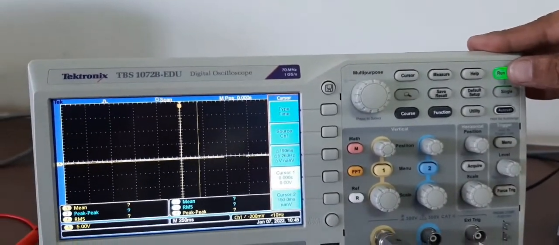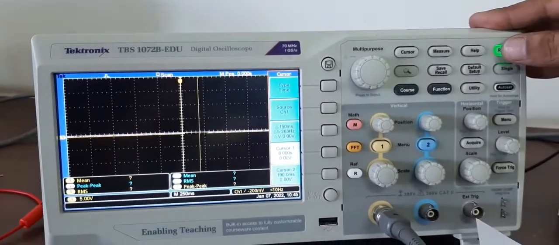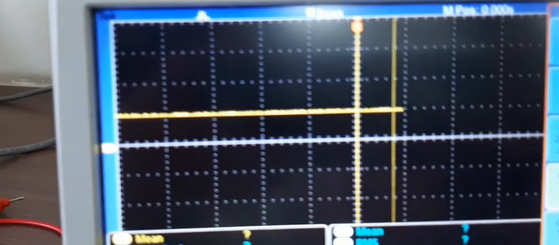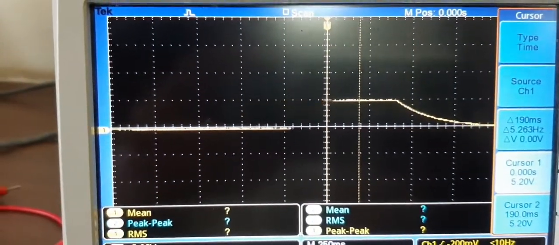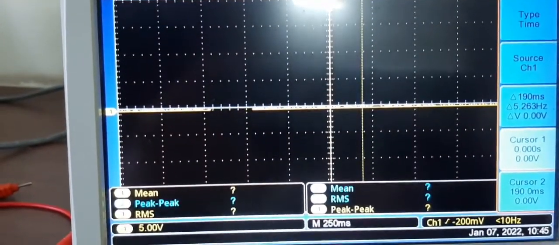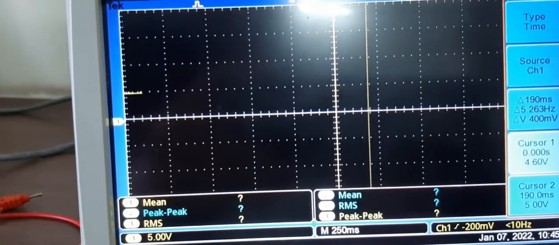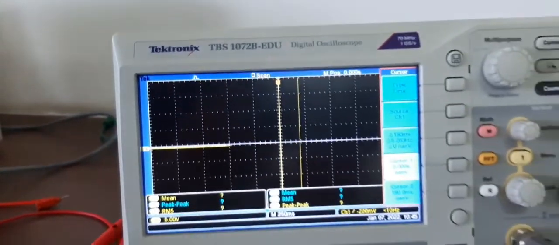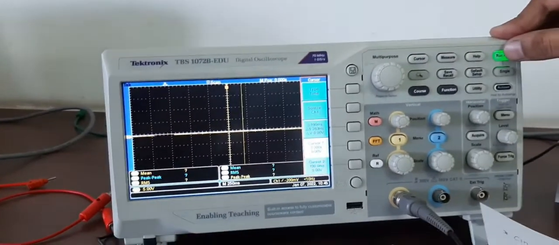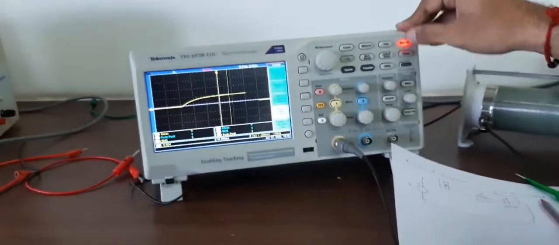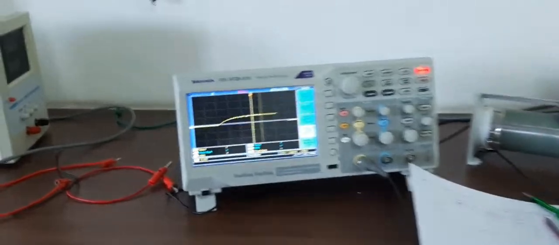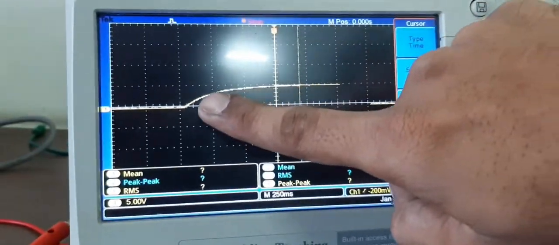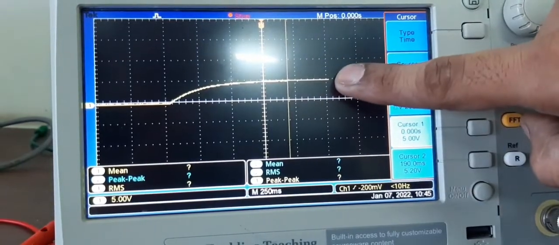So I am just turning it on. Okay, let us do it once again. Okay, so here you can see in the DSO now this is the portion of the transient that we have studied, and this is the steady state portion.